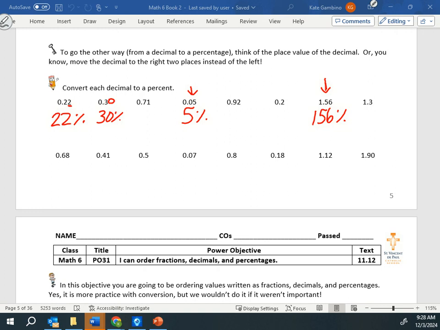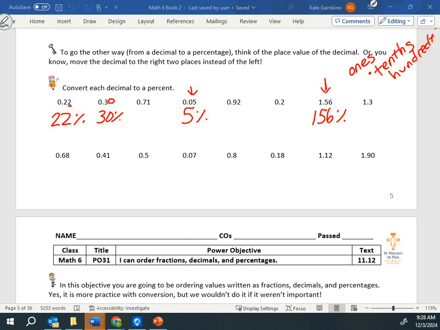Bennett. What's my magic number? Am I going to the hundredths place at 1.3? Remember, with our decimals, we've got the ones, the decimal, the tenths, and the hundredths.